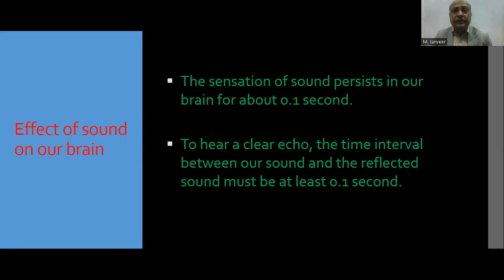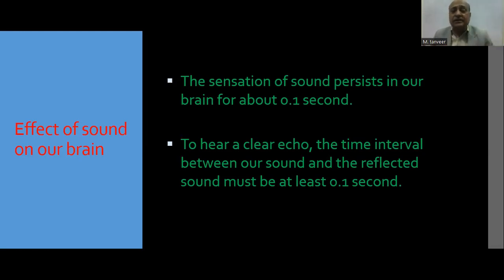When sound waves strike the wall and bounce back, the time for bouncing back must be greater than 0.1 second. If this time is less than 0.1 second, these sound waves will merge with the first waves and we are unable to hear a separate sound.